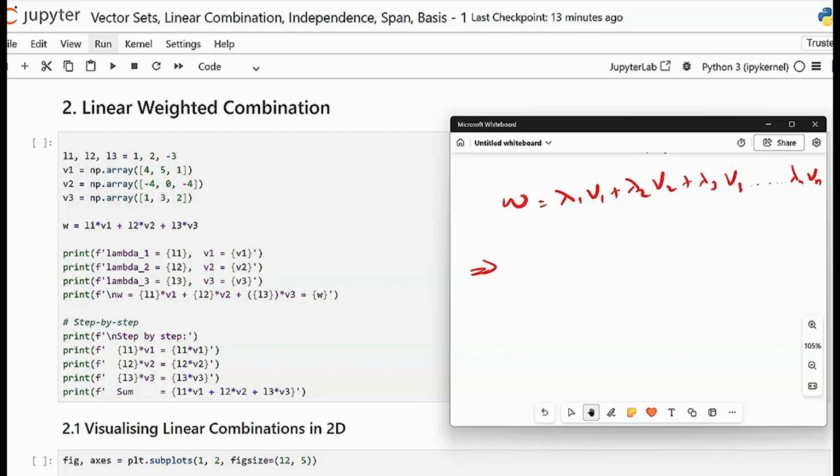We can shortly specify this as the summation of i equal to 1 to n of lambda i vi. So, dear friends, it takes a set of vectors, multiplies each by a scalar weight, and sums the result. The lambda i which I specified are real-valued scalars, sometimes also called weights or coefficients.